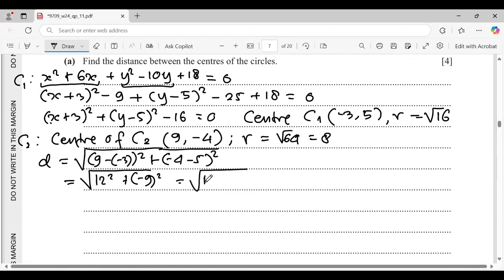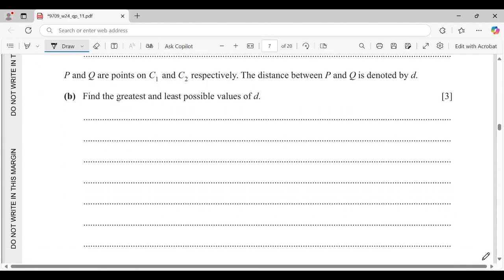Okay, 144 plus 81 is 225, square root 15. So this is the distance between the center of C1 and the center of C2, the center of the first circle and the center of the second circle.